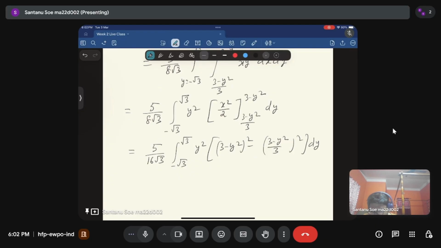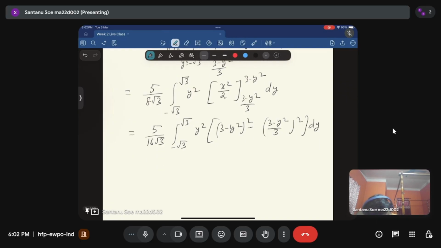Okay, so this is going to be 5 by 16 root 3, from minus root 3 to root 3, y square.